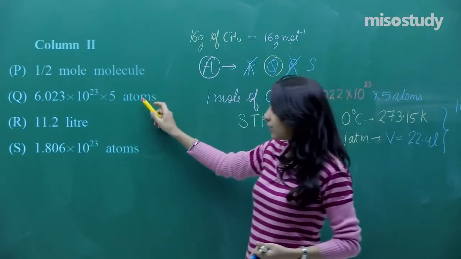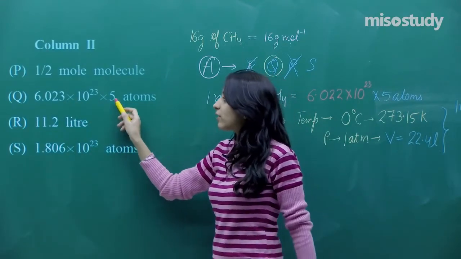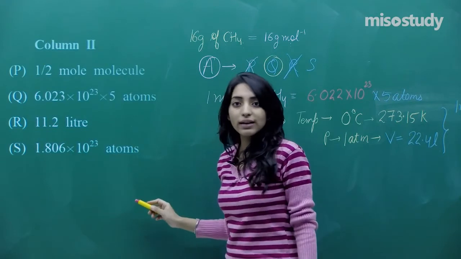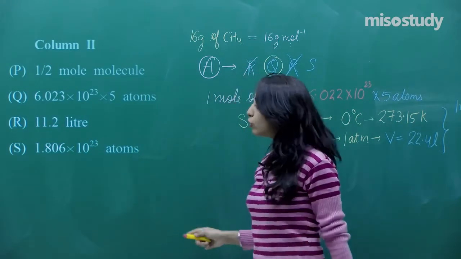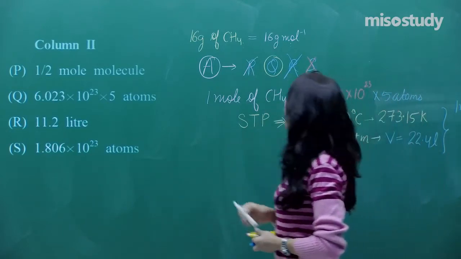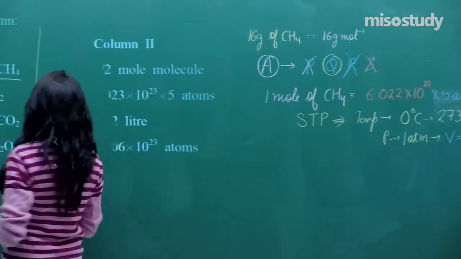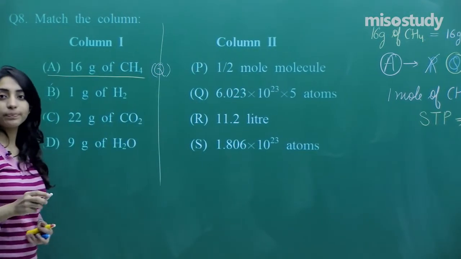We did the calculation, right? How many number of atoms are there? So if this is this many number of atoms, which will be around 30 point something. So this is 1.8 point something, right? So that is also wrong. Even R is not the correct answer. So for option number A, I will mark just Q as the correct option.